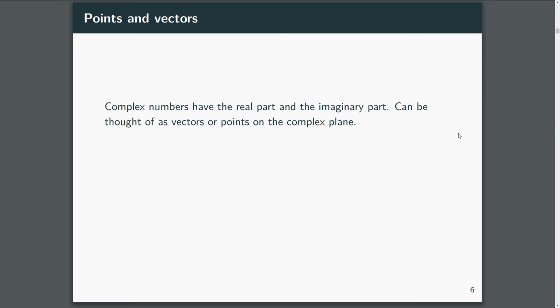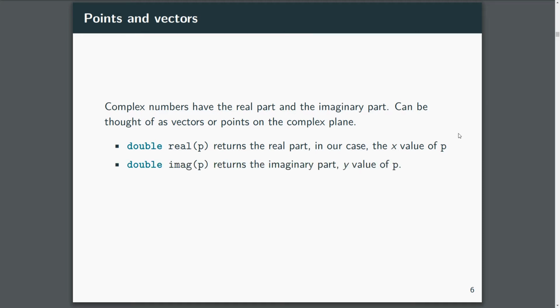Complex numbers have a real part and an imaginary part, and we can think of this as vectors on the complex plane. So the real part is your x value, and the imaginary part is your y value. In C++, we can call the function real to get the x value, and we can call imag to get the y value.